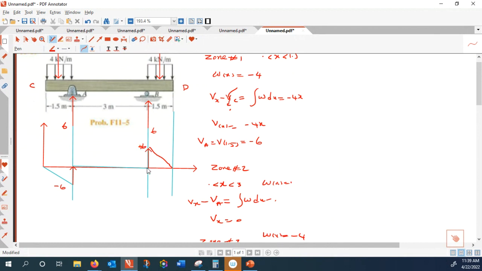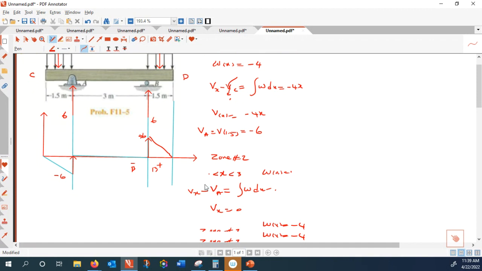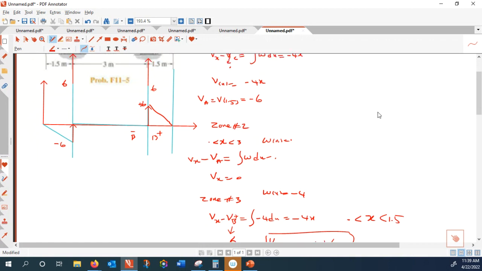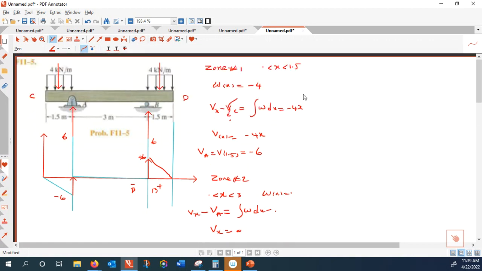So my point is, this is point B. There is a B minus and a B plus. B minus belongs to zone 2. B plus belongs to zone 3. And what you should use here is B plus. Make sense? All right, now let's follow for each zone to find out what the bending moment would look like.